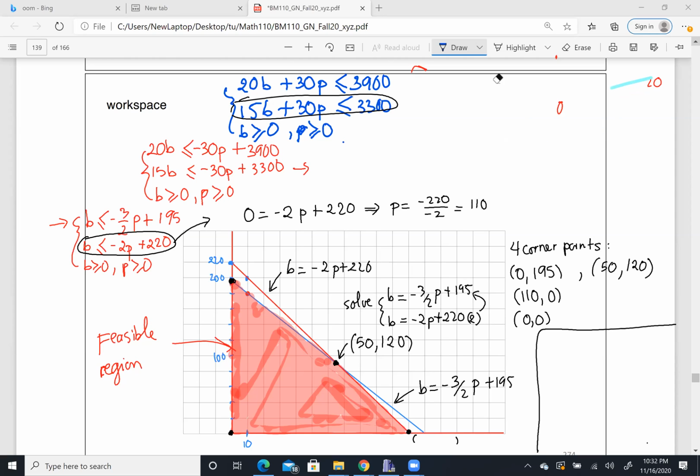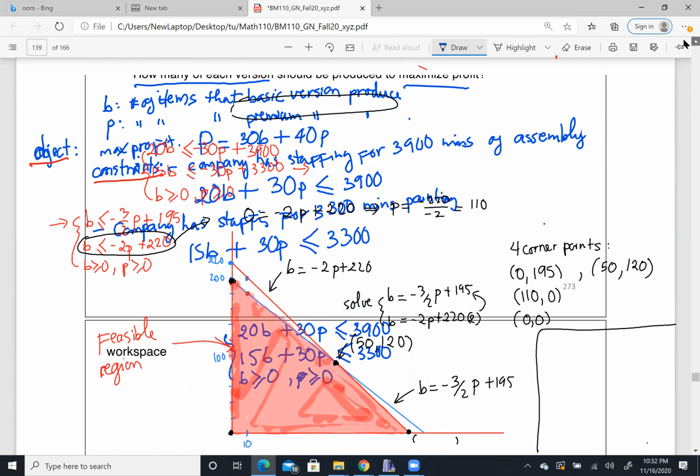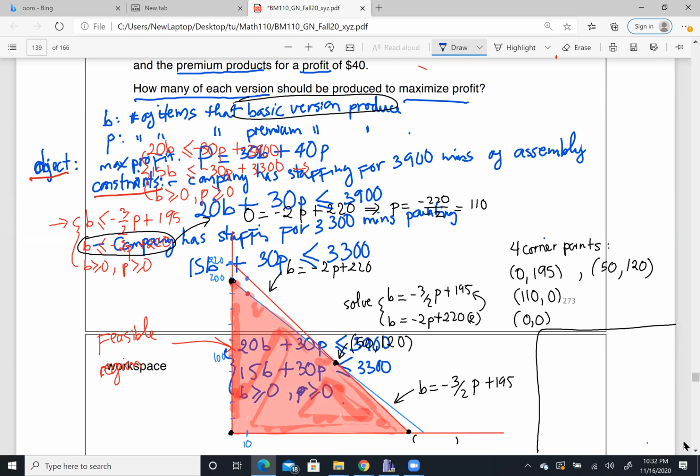Okay. Let me make sure I have 30b and 40p. Okay, 30b and 40p. Just wanna make sure.